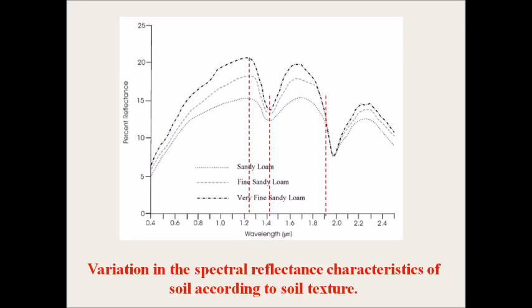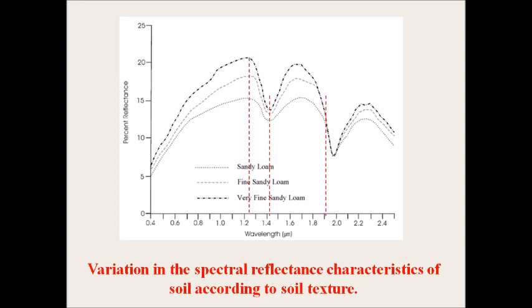Today I'll try to go a little more deep into this spectral pattern and spectral signature. Now we have the reflectance characteristic curves of soil based on the soil texture.